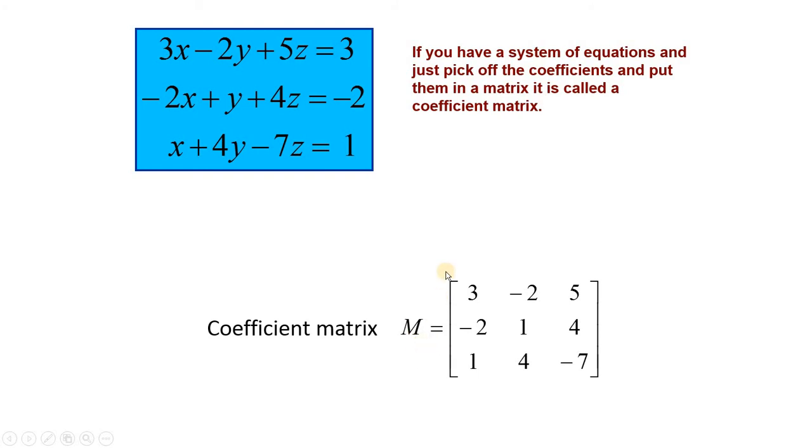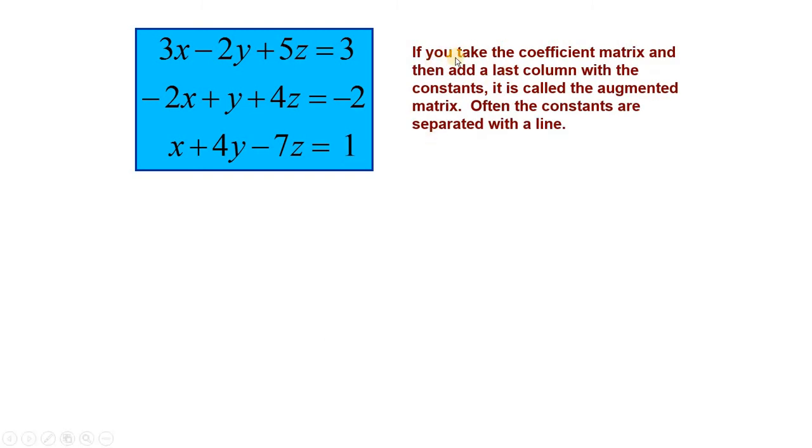So these numbers are the coefficients of these variables, so this matrix is called the coefficient matrix, denoted by M. If we include this column separated by a vertical line, then we call it an augmented matrix. If you take the coefficient matrix and then add a last column with the constants, it is called the augmented matrix. Often the constants are separated with a line.